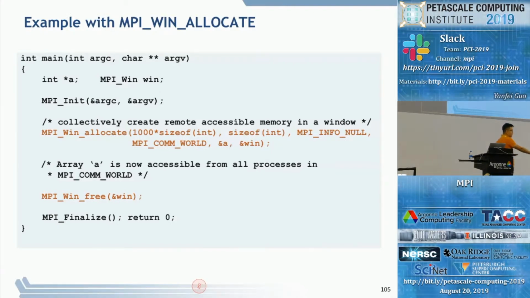Because your remote process has, say, 1,000 integers, and I can say I want to access a remote process, maybe rank 1 and the 5th element in this array. You can imagine the array, but you can also set the displacement unit as byte, right? So that becomes just like raw memory that you can read and write from.